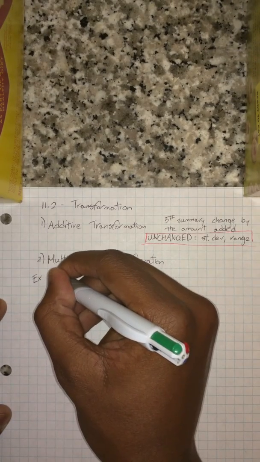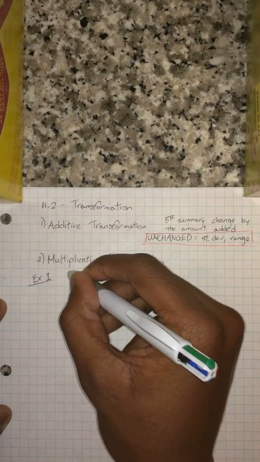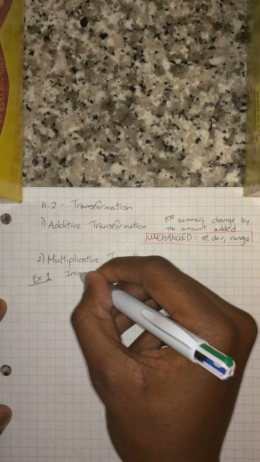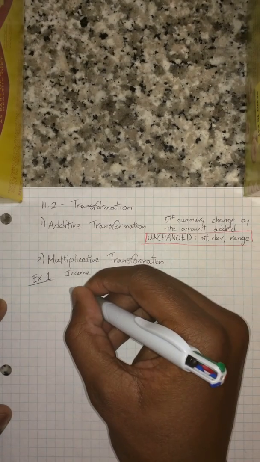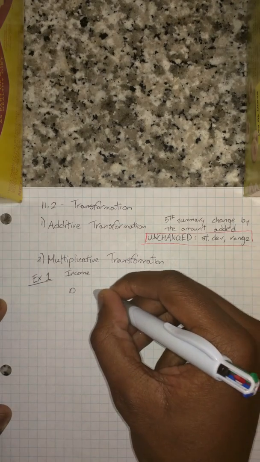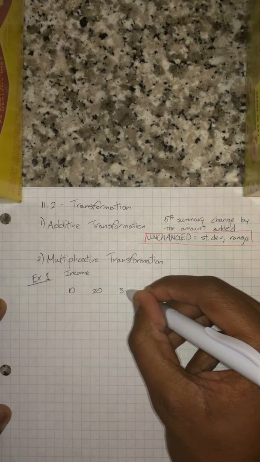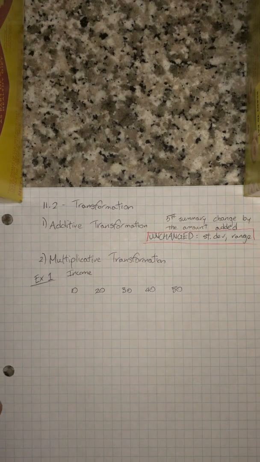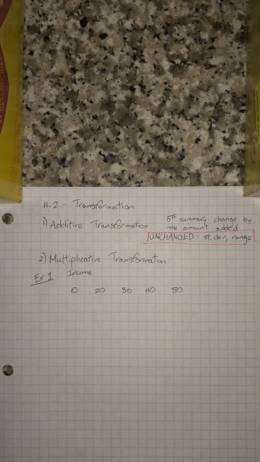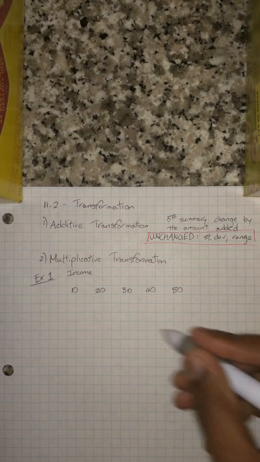So my first example here is going to be income again. And I'm going to use really convenient numbers. This is income in thousands. So this 10 represents 10,000, then 20,000, 30,000, 40,000, and 50,000. We're not going to do any outliers here, it's a bit of a hassle. So with that in mind, we can really quickly find our five-number summary.